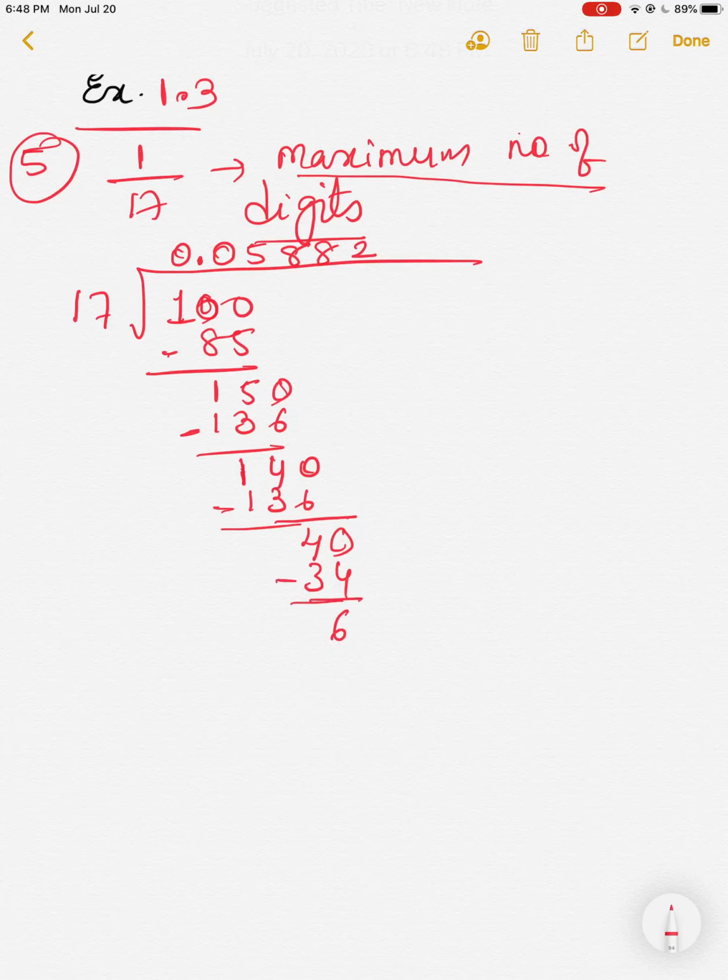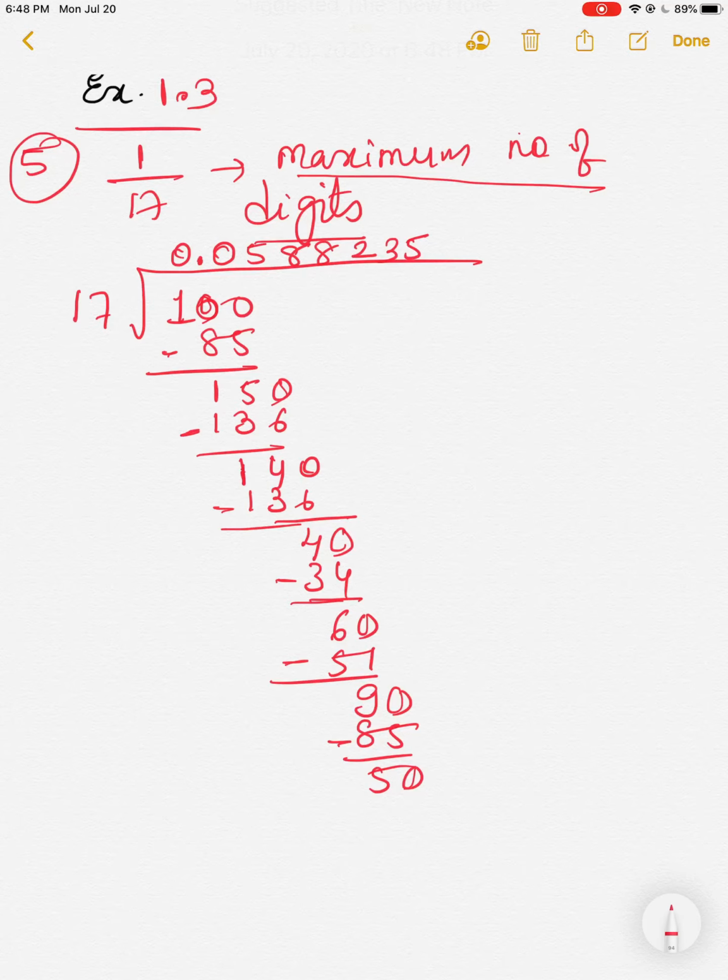Okay, minus, 6, then 0. Okay, then 17 3s are 51. 17 3s are 51 minus, 9, 0.